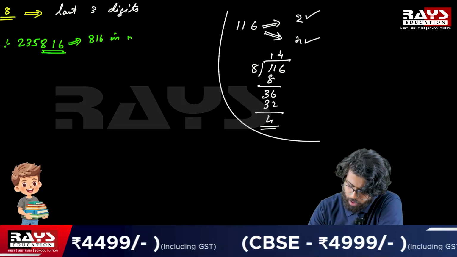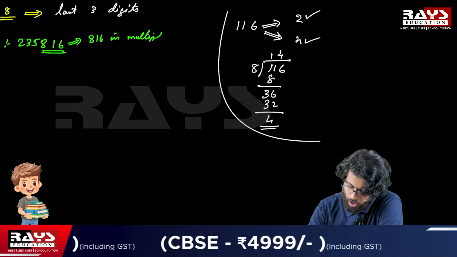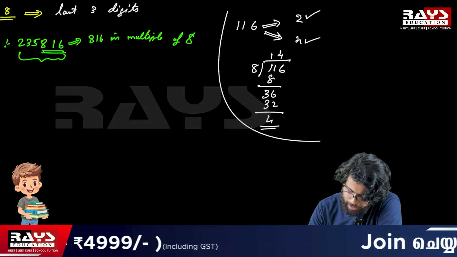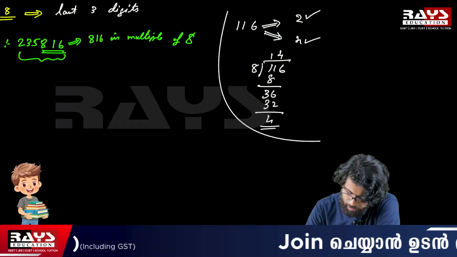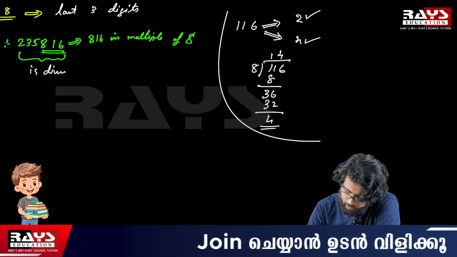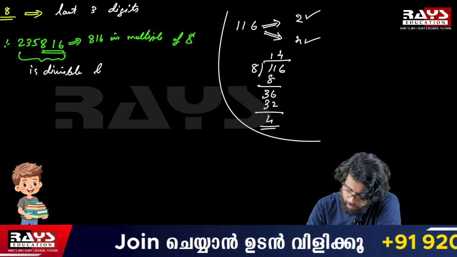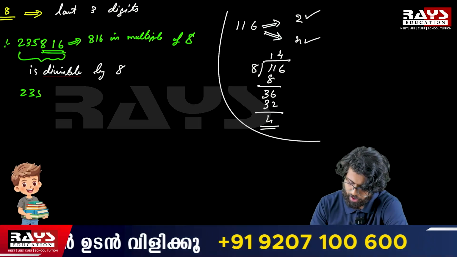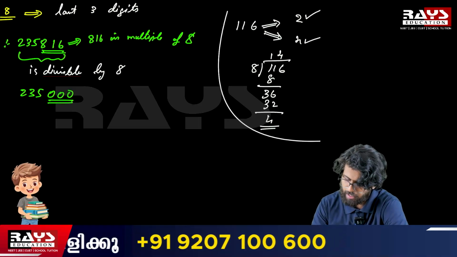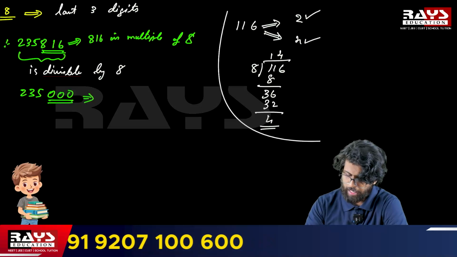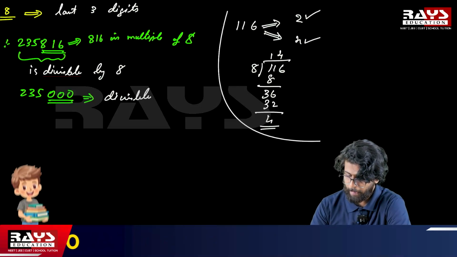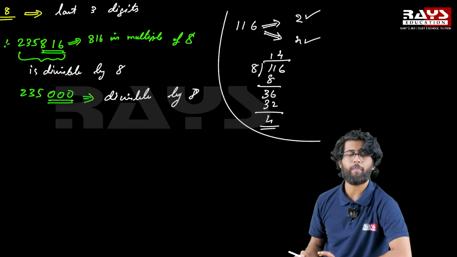That tells us this number is divisible by 8 as well. Similarly, one more example: 235000. The last 3 numbers are 0, therefore this is also divisible by 8. Okay, I hope it is very clear.